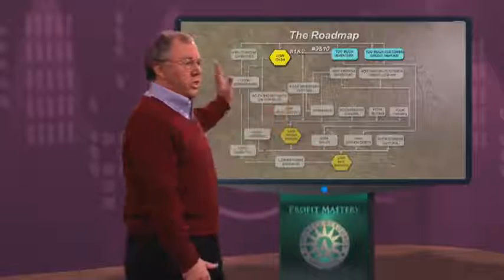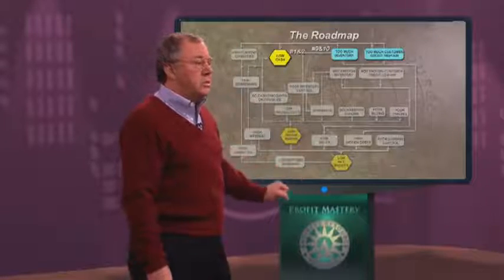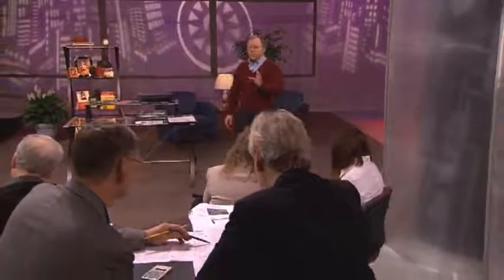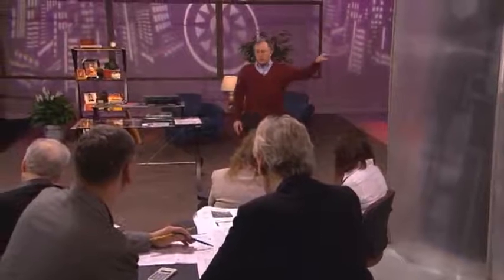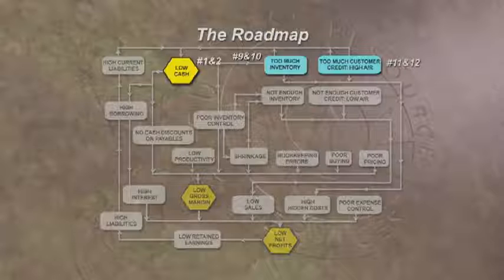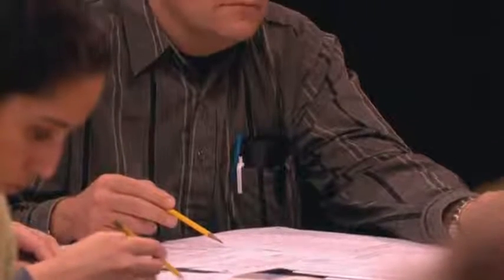And moving over to the too much AR box, what are the two numbers off your ratio report card that we're going to write right above it? 11 and 12, that's exactly right. You with me? And going back to the low cash symptom box, what were the two ratios giving us the clue that we have low, and in this case declining, cash? Numbers 1 and 2, that's exactly right.